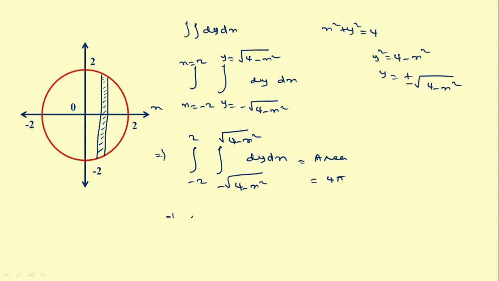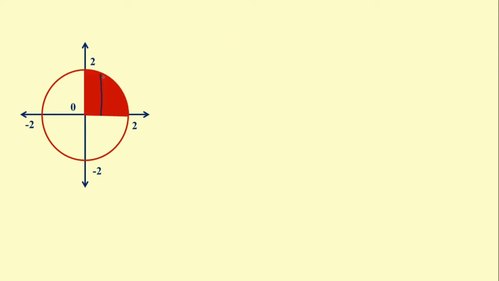Now answer my question. If it is integral 0 to 2, integral 0 to square root of 4 minus x square dy dx. That means using the vertical strip, the bottom of the strip touches the x-axis, that is y equal to 0. The top of the strip touches the circle, that is y equal to square root of 4 minus x square. And the strip moves along x-axis from x equal to 0 to 2.